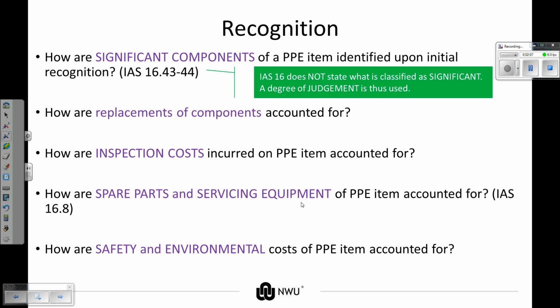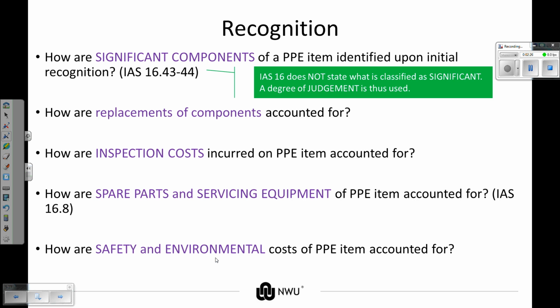Spare parts and servicing equipment, that will be in accordance with IAS 16 if they meet the definition, but otherwise these items will be classified as inventory. Safety and environmental costs of PPE.